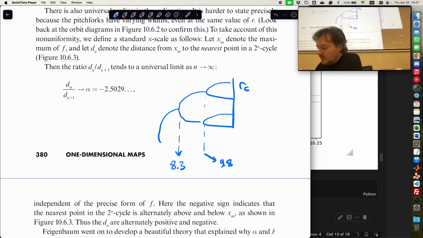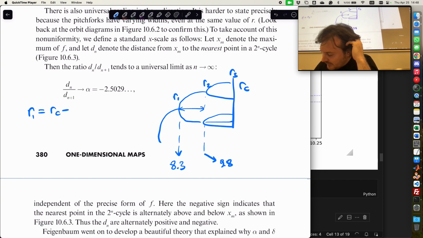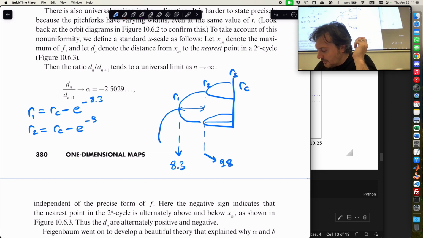Okay, so it is telling you that the ratio of this one to this one is, so let me just call them R1, R2, R3. R1 is equal to RC minus e to the minus 8.3. R2 is equal to RC minus e to the minus 9.8. R3 is equal to RC minus e to the minus 9.8 minus 1.5, which is what? 11.3?